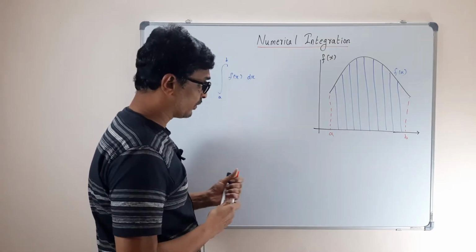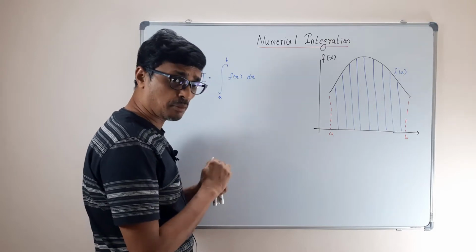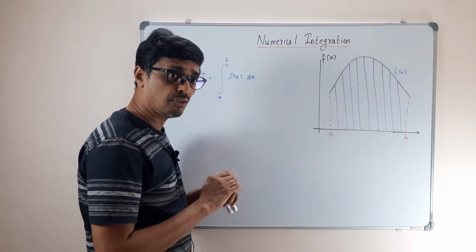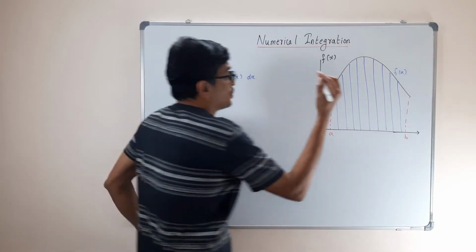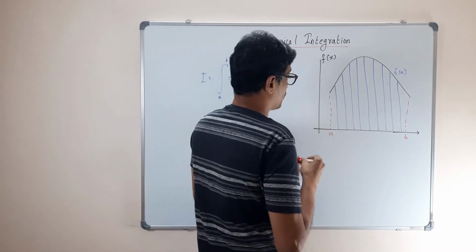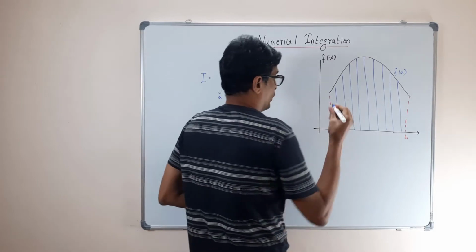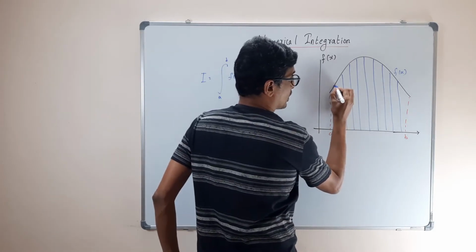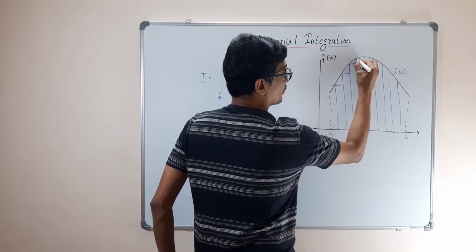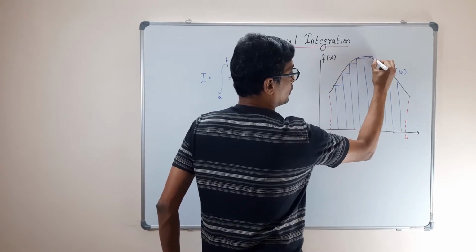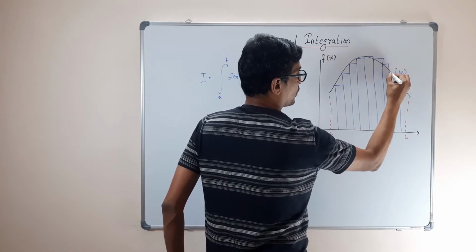Let me see. If I wanted to construct a polynomial of degree 0, that means a constant line, I can do it. So I will construct a polynomial of degree 0. That is a constant line, that is this. This will be the polynomial of degree 0, starting from all these points.